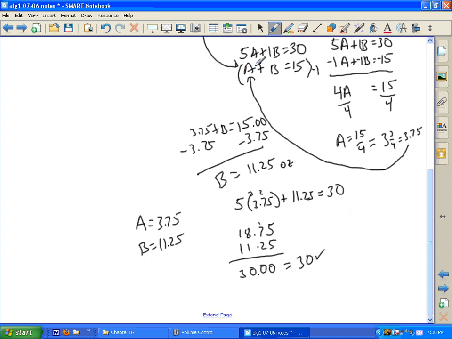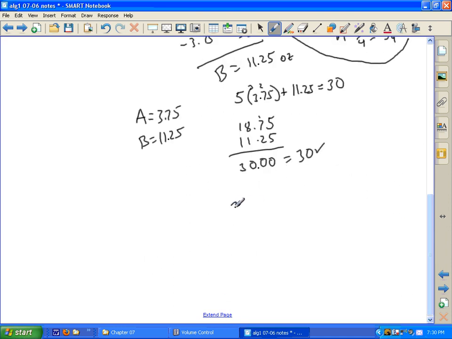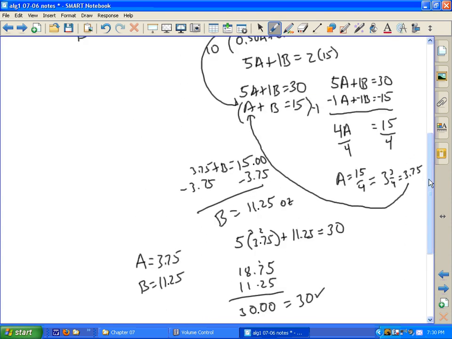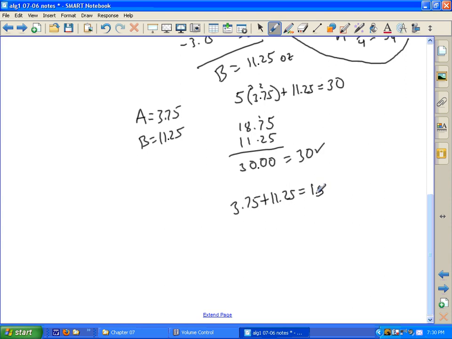And in the second equation, A plus B had better equal 15. I plug in the 3.75 plus 11.25. That is supposed to equal 15, which, when you add 3.75 plus 11.25, you can see 5 plus 5 is 10, carry the 1, and so on.